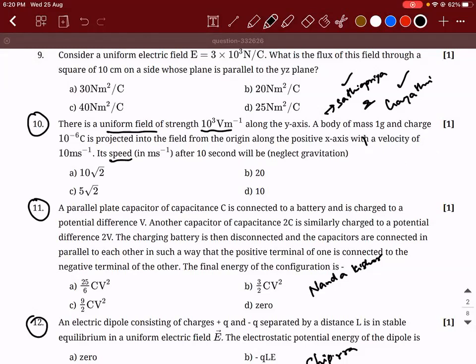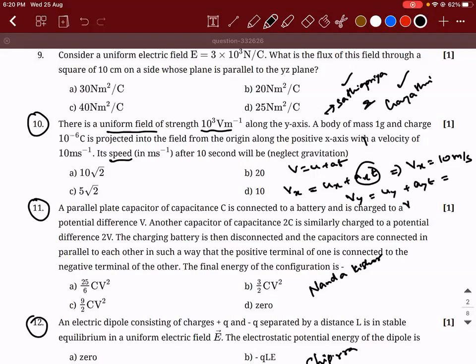Okay, they asked what is the speed. So speed means you will calculate it like this: v is equal to u plus at. You need to calculate the velocity along the x direction as ux plus ax into t. The acceleration in the x direction is 0, so vx will be ux. It is constant, 10 meter per second. Similarly, along y, you write uy plus ay into t.